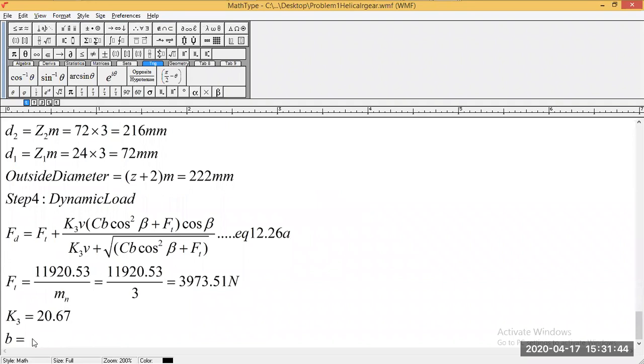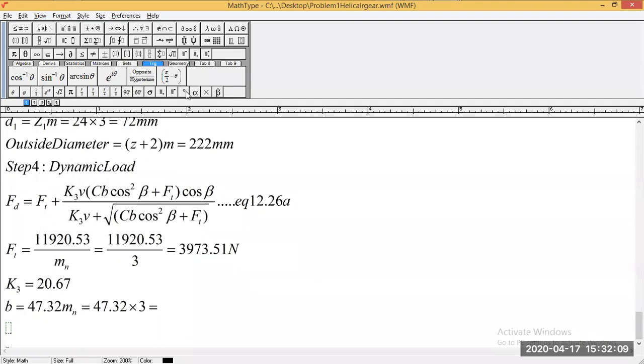Whatever values, wherever you substitute, substitute the value of the module itself. Okay, so Mn will be 3 itself. So this is equal to, this will be into 3. Okay, that's B, and cos square beta we can do later.